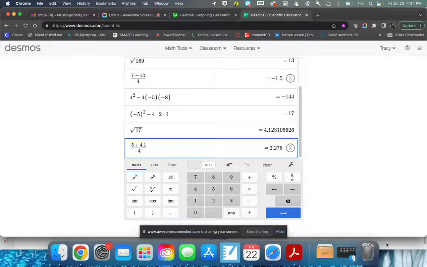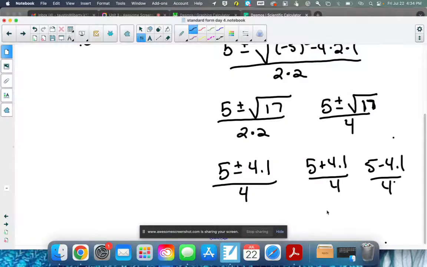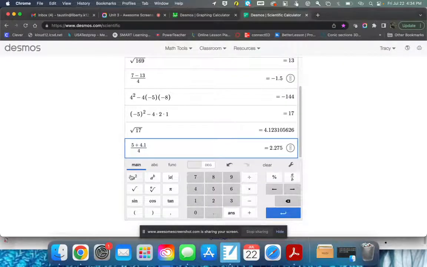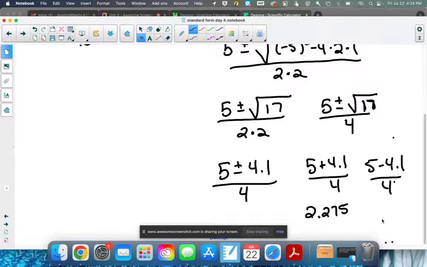That's not a very long answer. We should go ahead and write that down. 2.275. All right, now let's try and do the negative. Now, you can hit the little down arrow and get another thing and type in your fraction again, or you can just go back and change your plus to a minus. That way you don't have to type the whole thing in again. So 0.225, and those are my two answers.